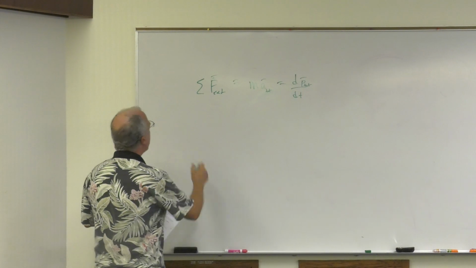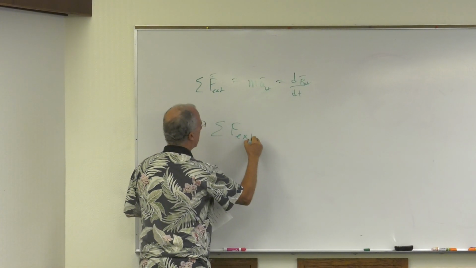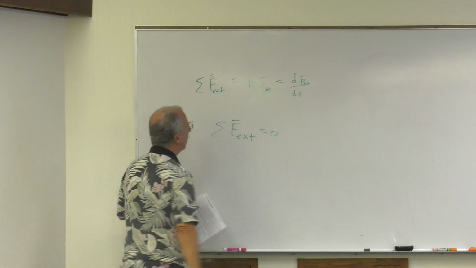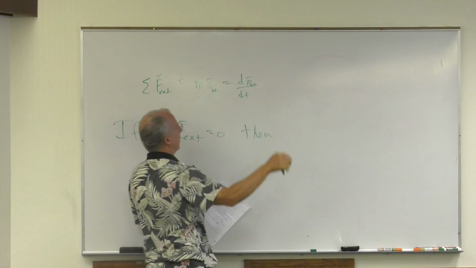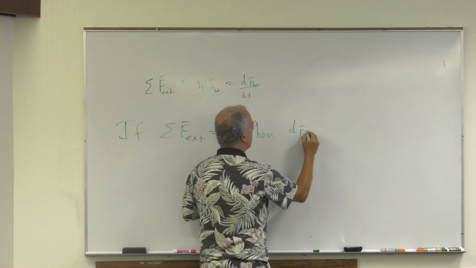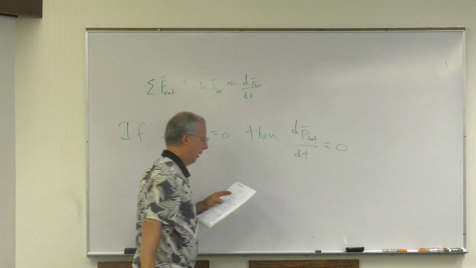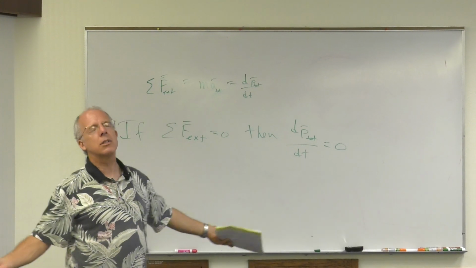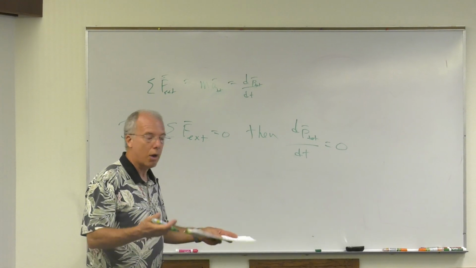Now, if the sum of the external forces equals 0, then this whole thing is 0, right? Then dP/dt equals 0. What did you learn in calculus? If the derivative of something is 0, the something is a constant.